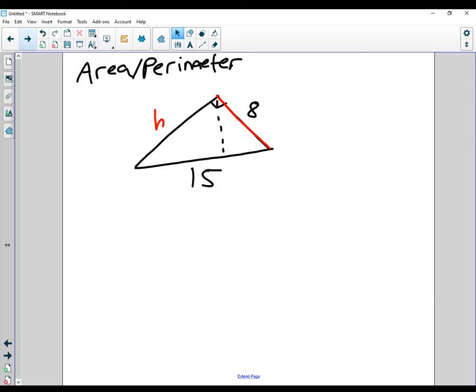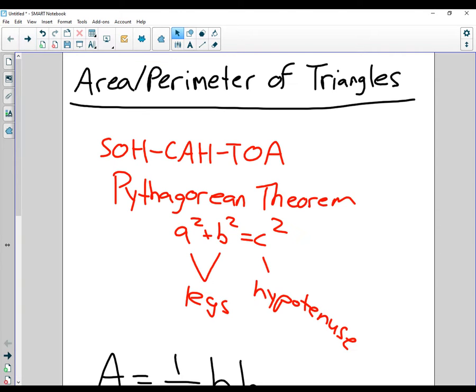Oh, I know it's Monday, but we know how to find that height. How can we find that height? Yeah, you have the two sides. So which one of these?